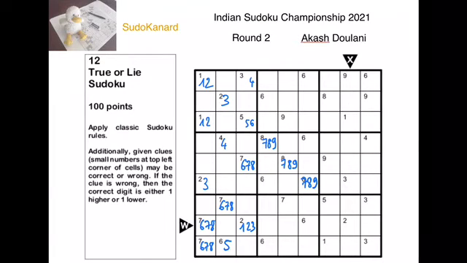Those 6s could be any digits among 5, 6, or 7, but 7 is not available, so they are a 5, 6 pair. 8 or 9 for this 9, 1 or 2 here, 5, 6 or 7 here, 5, 6 or 7 there, 8 or 9 for those two cells. So we get an 8, 9 pair, and this 8 clue can only be a 7.